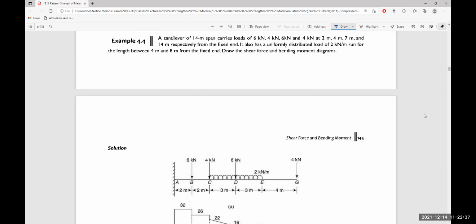It is 2 meter, 4 meter, and so on, and the total is 2 plus 4 plus 7 plus 3, which is equal to 10.